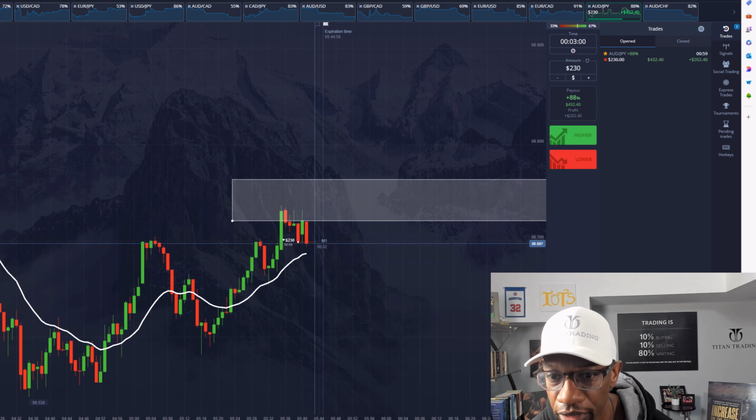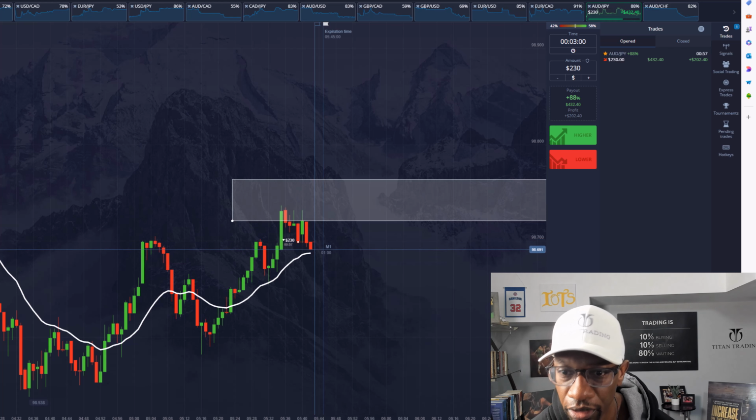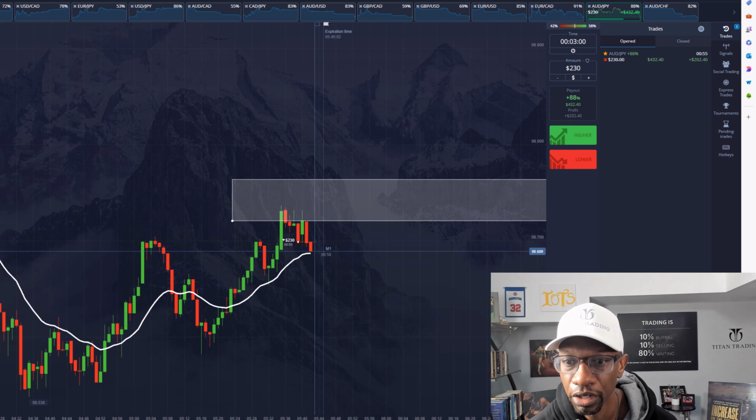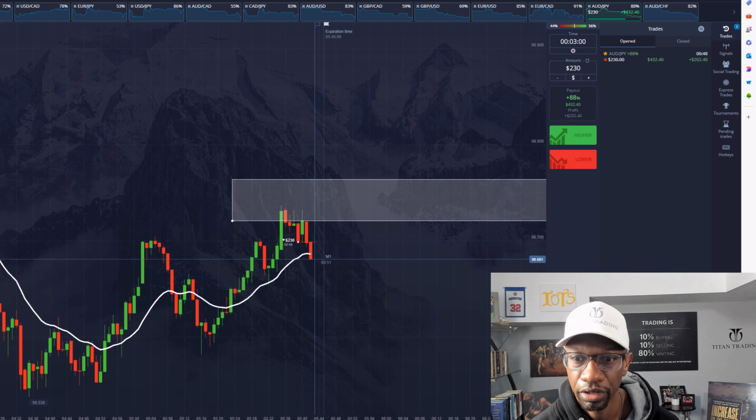Close on your low, close on your low. All right, we take it, final candle. We just need to push through the EMA here. We don't want it to bounce. We just want to push through the EMA and hold on.